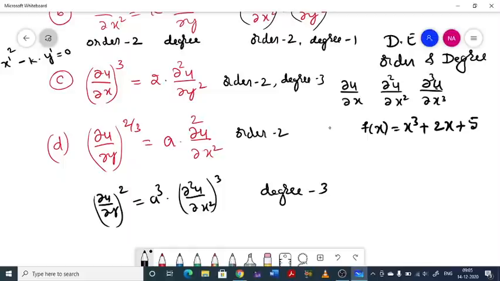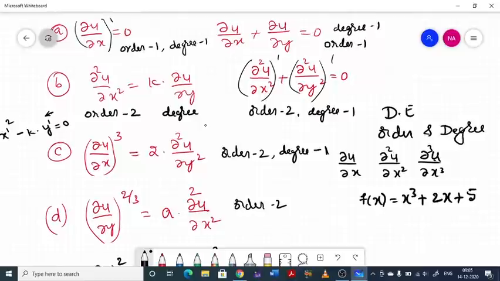One thing, we made a mistake here, in this one I think. See, for degree you have to check the highest order derivative term. This you can't take 3, this must be 1. Degree of the highest order derivative term that occurs in the equation, that you have to look for. So that should be 1.